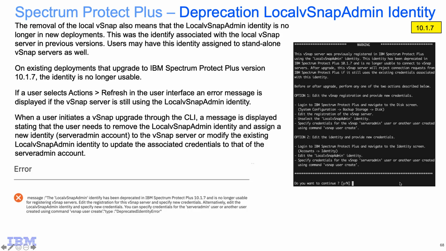And when you update the vSnap to the version associated with 10.1.7 through the CLI, you're going to get a message that says you need to remove that identity and then use another identity to access that vSnap. So you can either use server admin or a vSnap user that you create in the vSnap using the vSnap user create command.